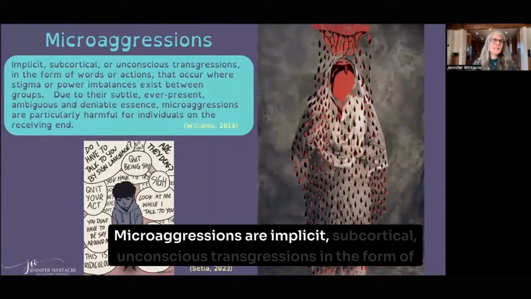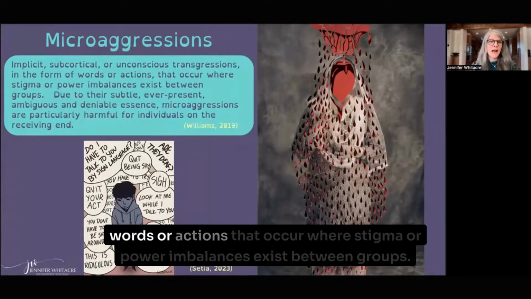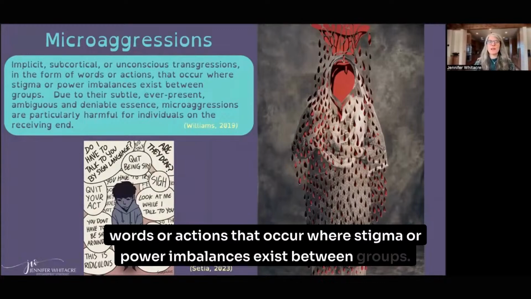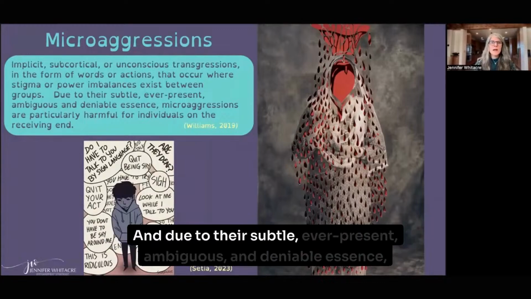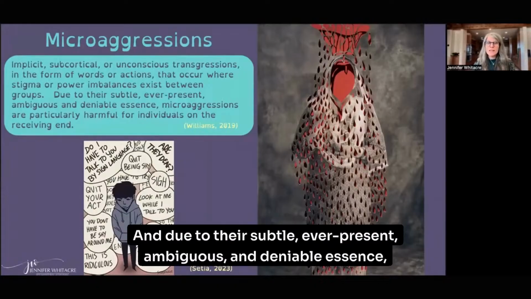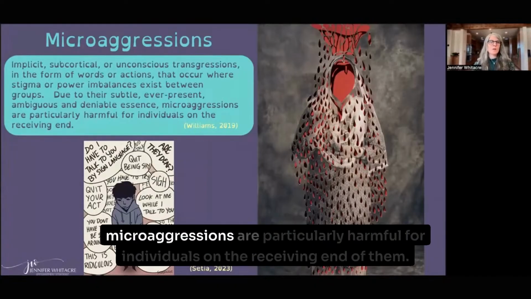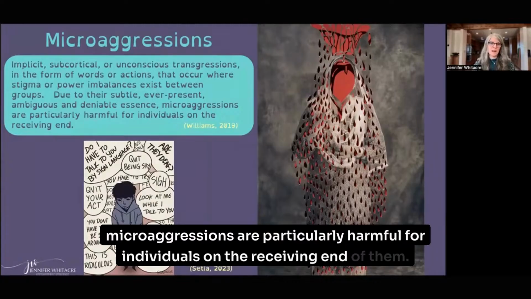Microaggressions are implicit, subcortical, unconscious transgressions in the form of words or actions that occur where stigma or power imbalances exist between groups. And due to their subtle, ever-present, ambiguous, and deniable essence, microaggressions are particularly harmful for individuals on the receiving end of them.